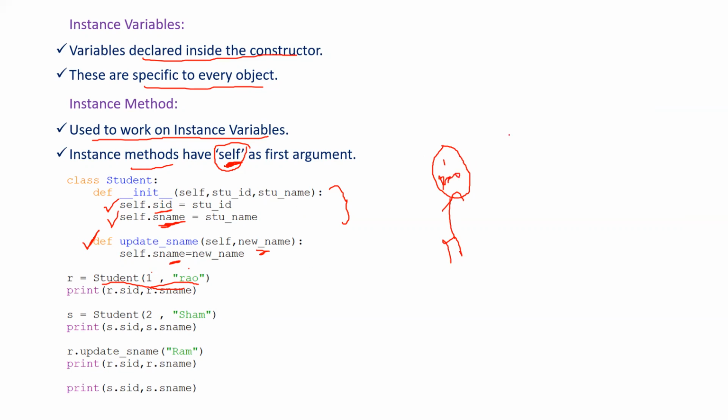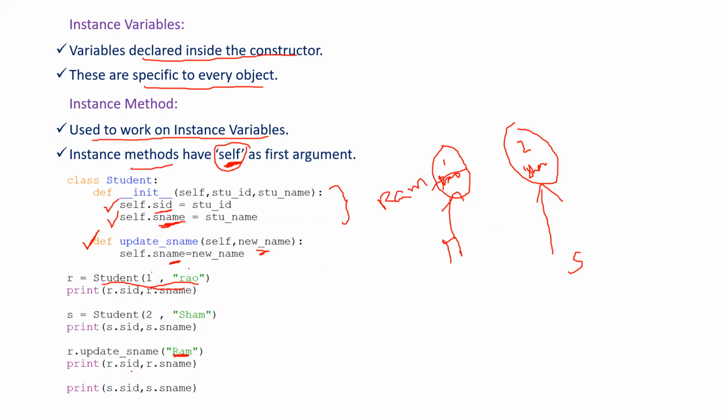Similarly, this is another object and s is referring to this. Here the ID is 2 and the name is Sham. Now as I said, the variables are specific to the objects. I am updating the name of the first student from Rao to Ram. This will be replaced as Ram.